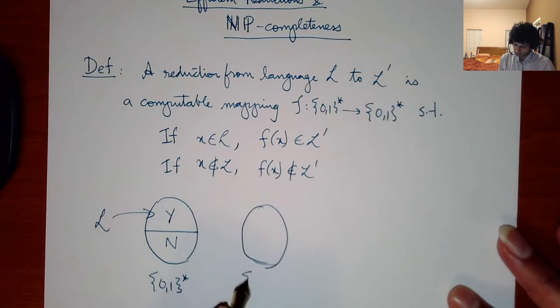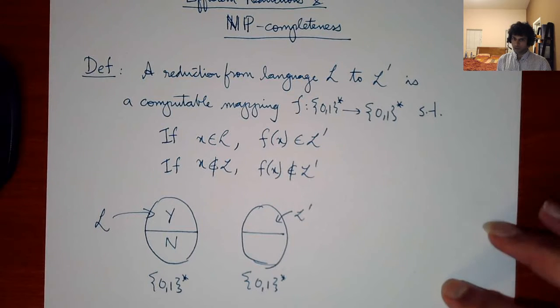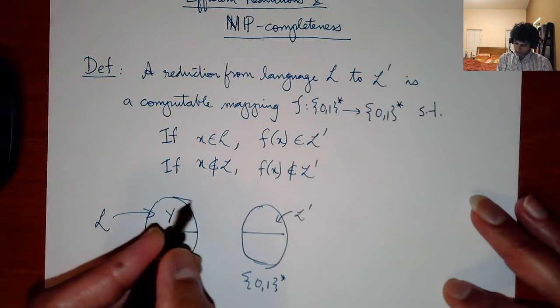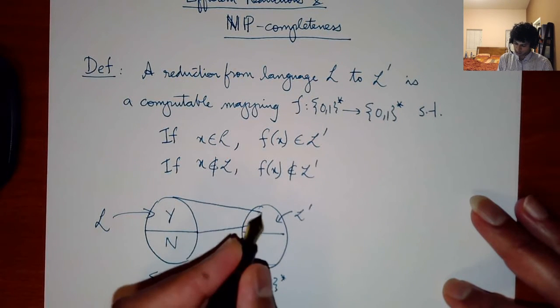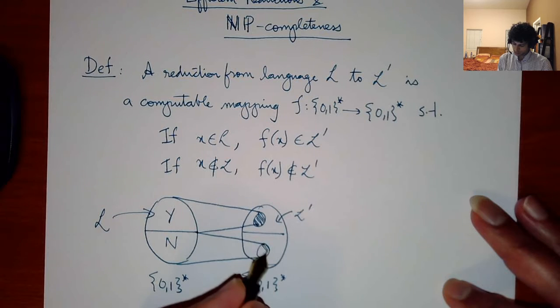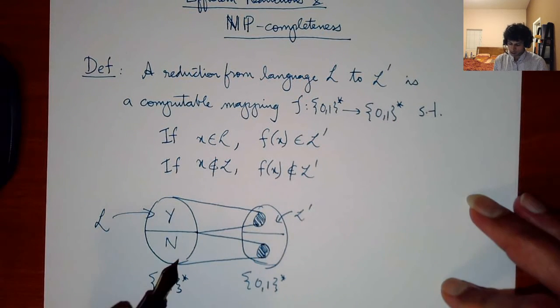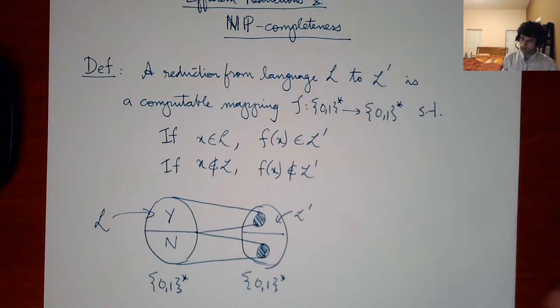Here again is the universe of all strings, and this is L prime. So a mapping reduction maps the yes to yes, and it maps the no to no. Yes instances go to yes instances, no instances go to no instances.